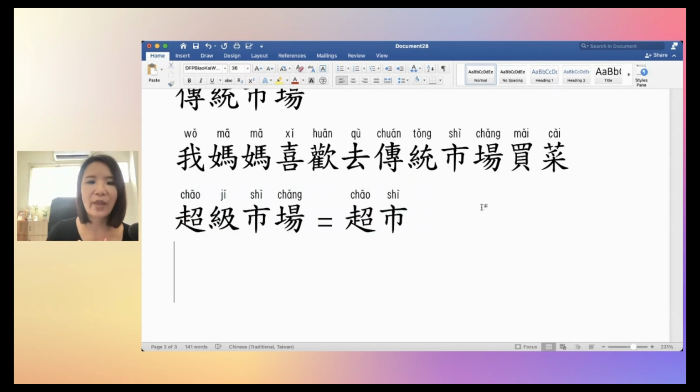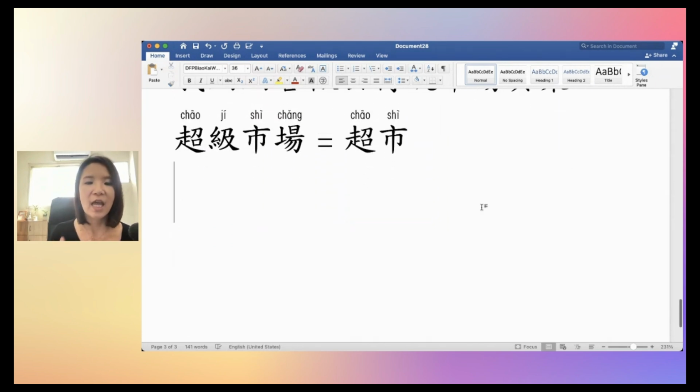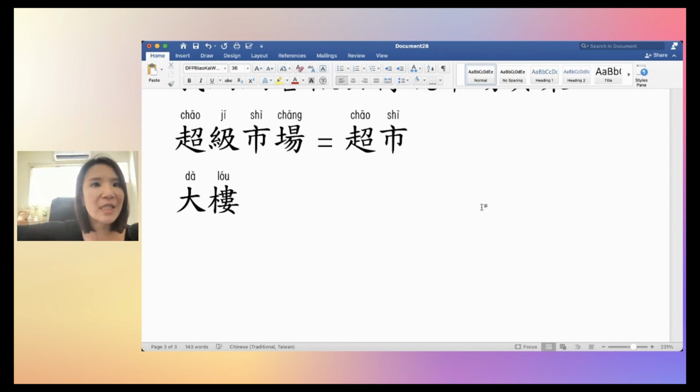Let's make a sentence with that. You could say there is a supermarket in front of our building. Okay, so building in Mandarin is 大楼。大楼 is literally big building, so it's just building in Mandarin. Okay, the sentence I just mentioned, there is a supermarket in front of our building.